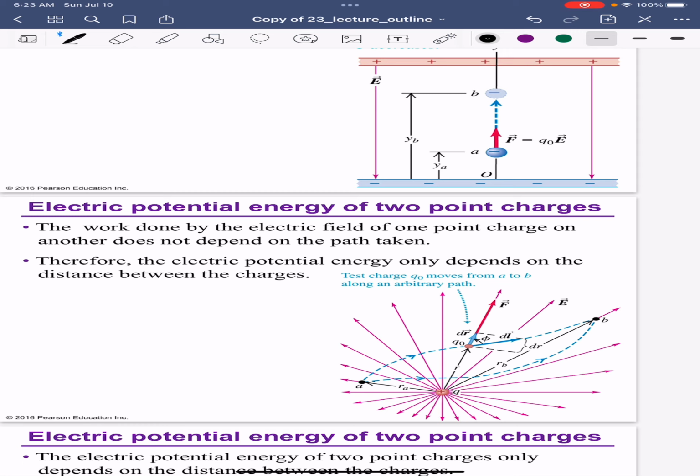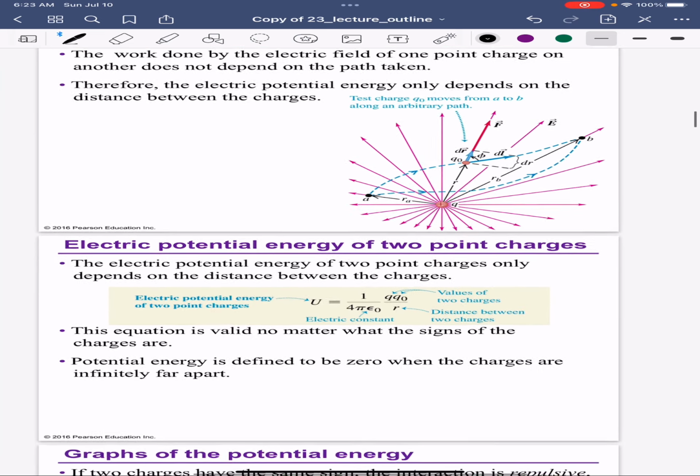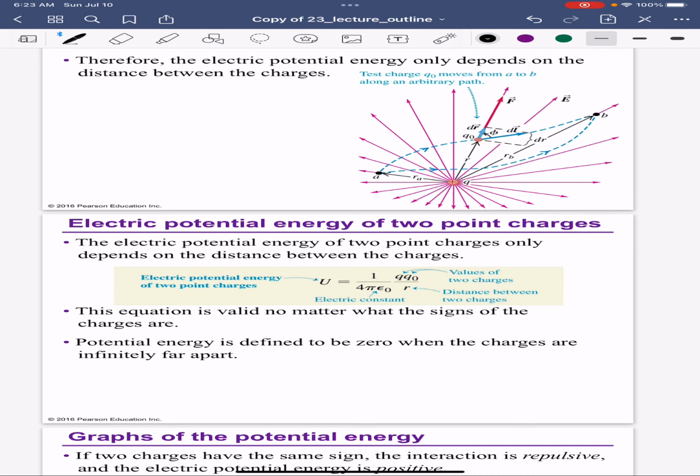The work done by the electric field of one point charge on another does not depend on the path taken. If I go from A to B, it's going to be the same as from A to another point. Therefore, the electric potential energy only depends on the distance between the charges. This is because of the nature of the electric force. The electric force is a conservative force, and therefore its work does not depend on the path, like we discussed in Physics 201.